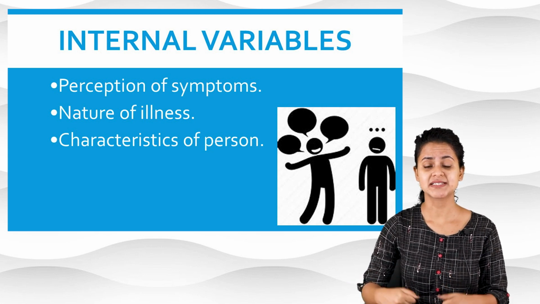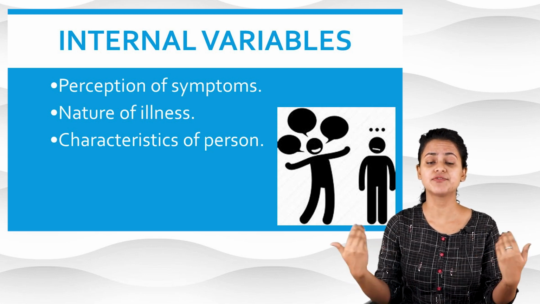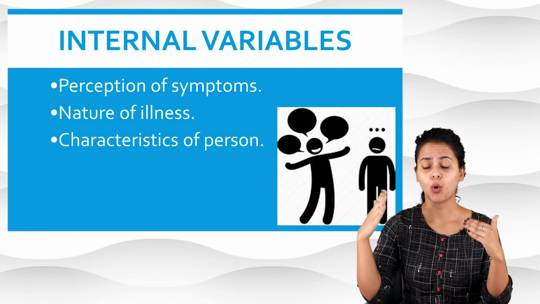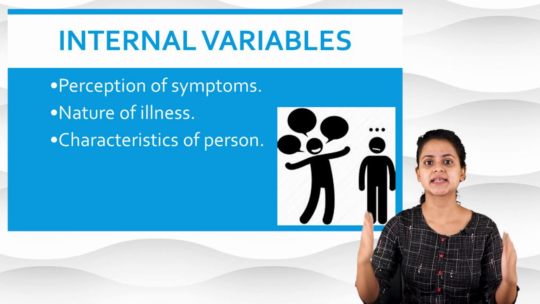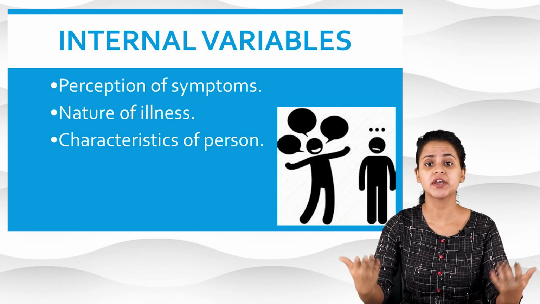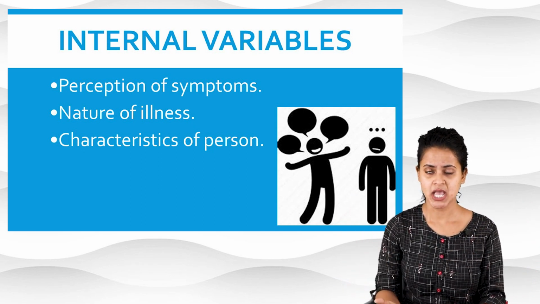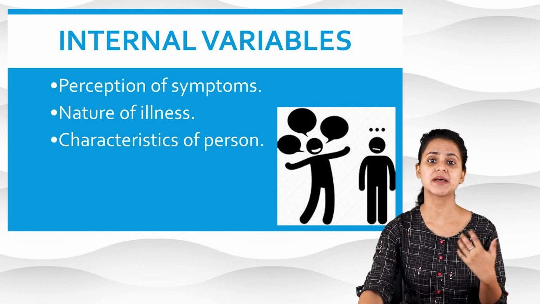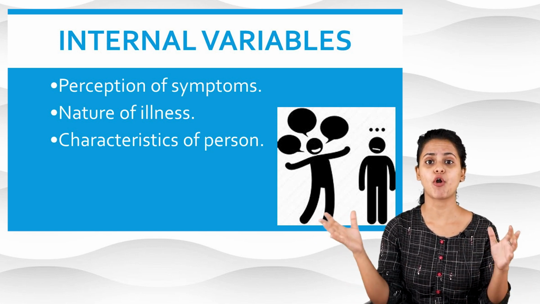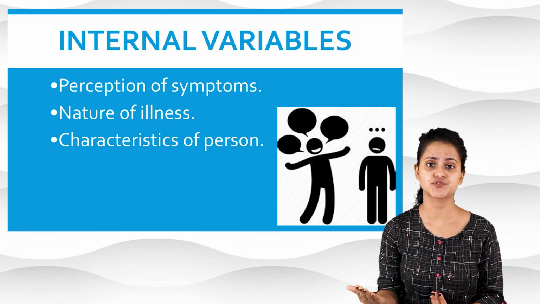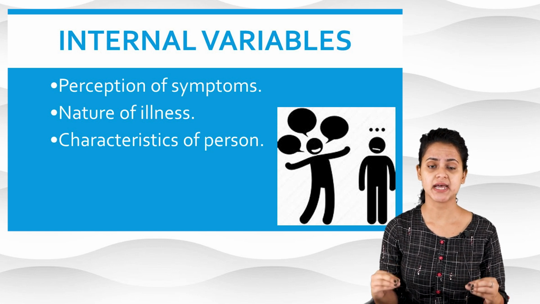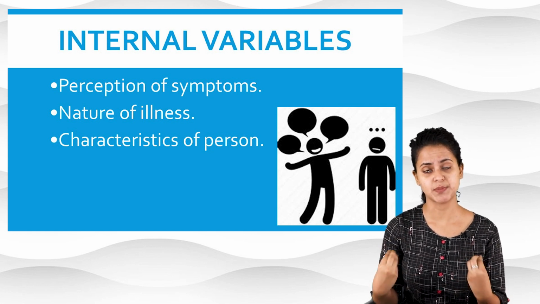Some people will have certain negative feelings towards their life. The characteristics of a person also decide how a person would behave towards their illness. So that's how these three points, that is the perception of the disease, the nature of illness which is affecting the individual, and the characteristics of a particular person, decide the illness behavior.